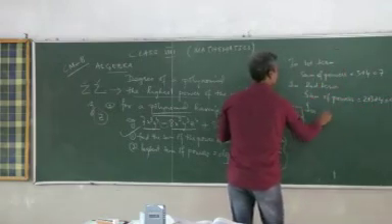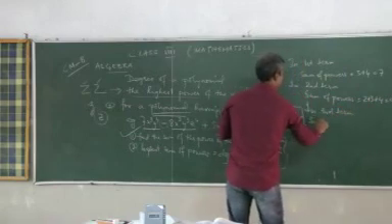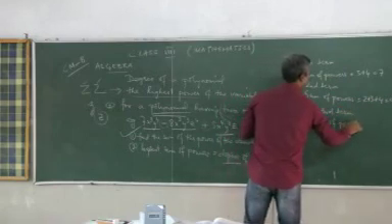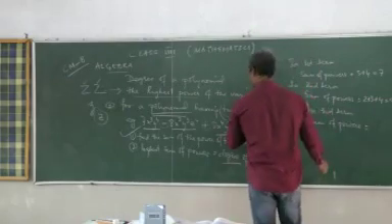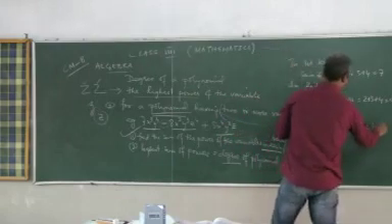In third term, sum of powers is equal to, x is having 4, y is having 3, z is having 1.